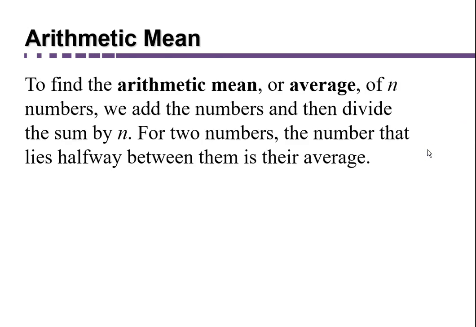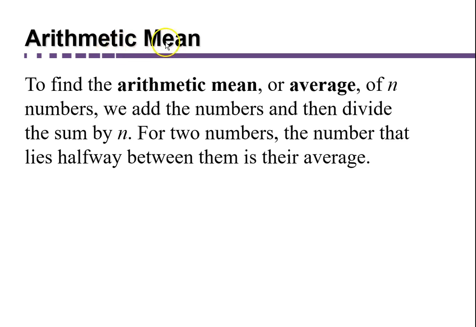Now, what we can do is find a number that is halfway between any two numbers on either side. We call that the arithmetic mean. Again, this is a background word. What is the arithmetic mean?